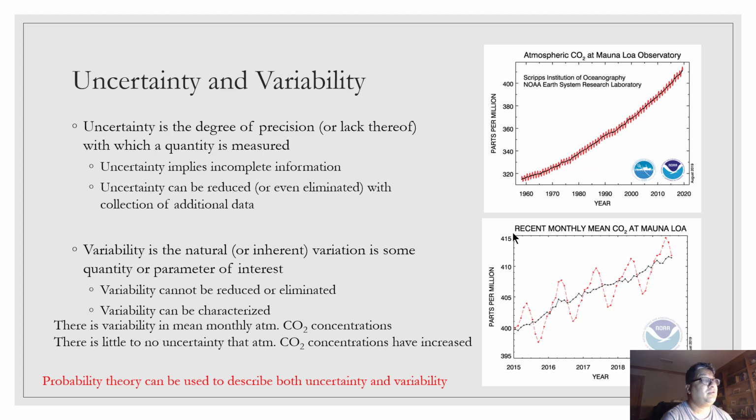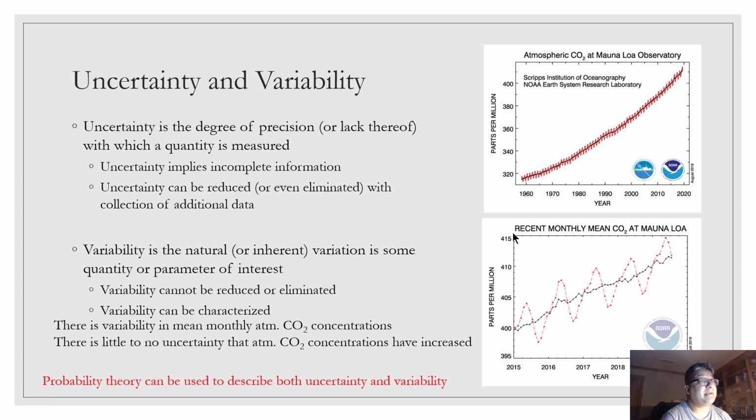Okay, so when we say we are uncertain about something, it means that we have incomplete information. Uncertainty can be reduced with collection of additional data.